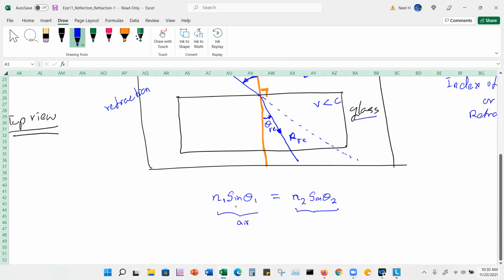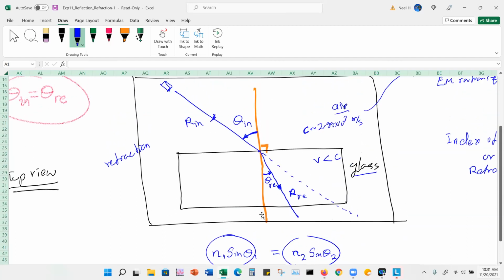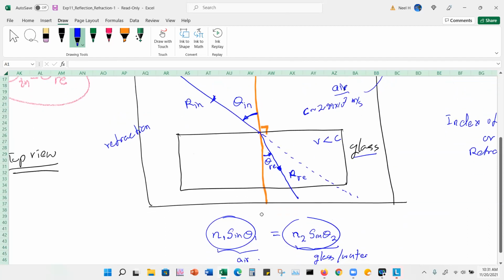In this particular case, medium 2 can be glass or water in our experiment. Now, light passes from medium air to medium glass or medium water. If that happens, this magnitude must remain the same. He confirmed this by just using the trigonometric diagram. That's why this is usually called geometric optics.